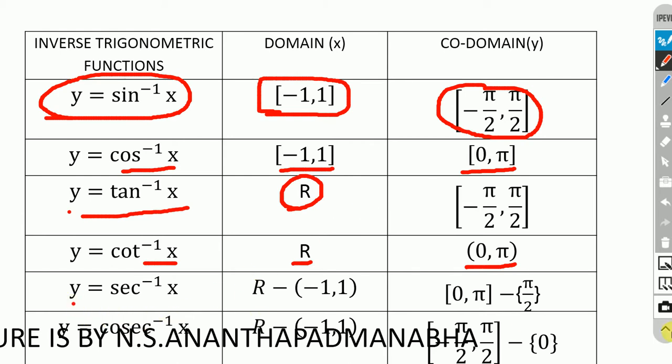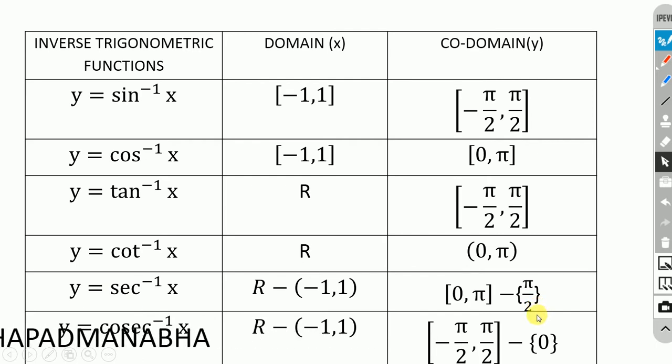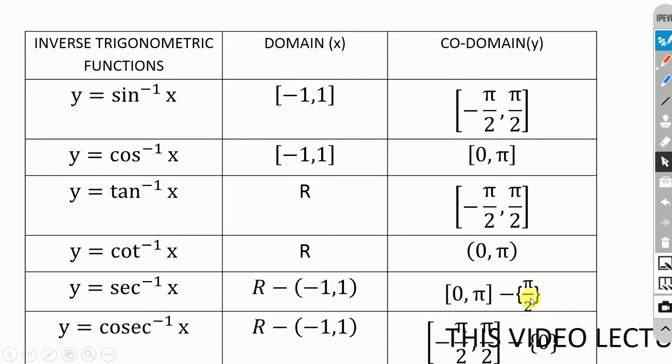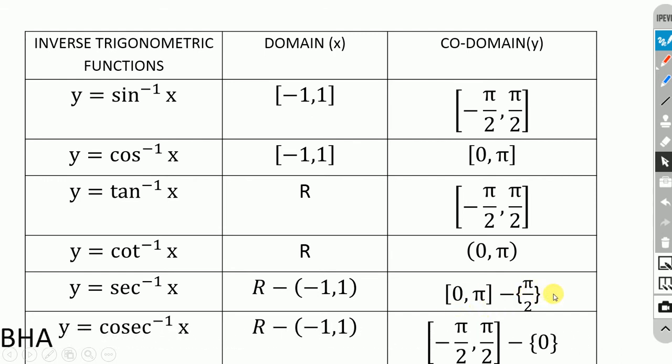For y equals secant inverse x, the domain is R minus the open interval (-1, 1), that is, the open interval -1 to 1 is excluded from the set of real numbers. The codomain is the closed interval 0 to pi except pi/2.